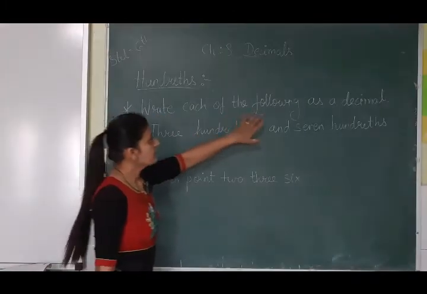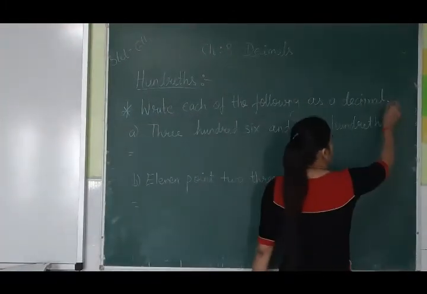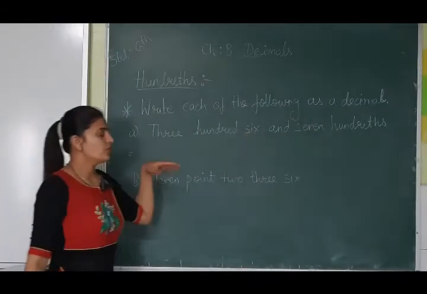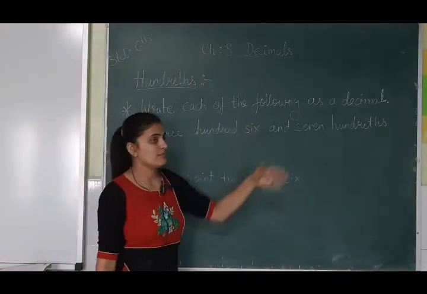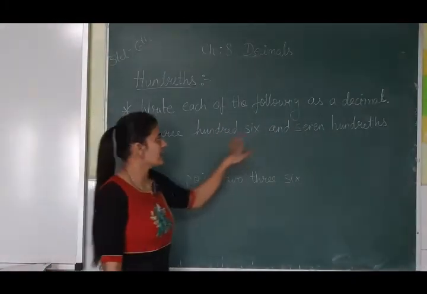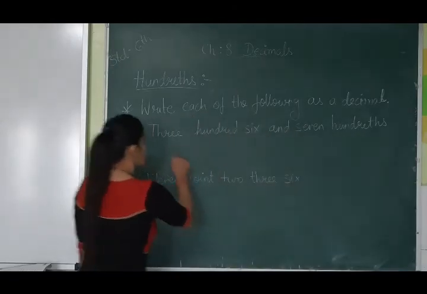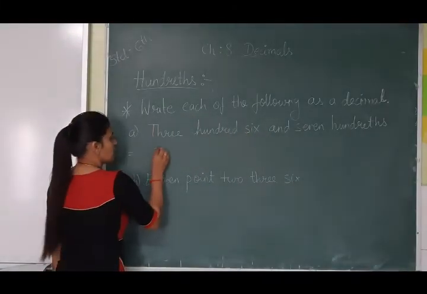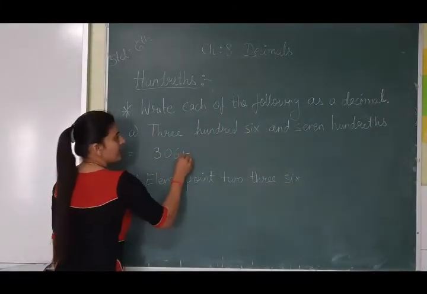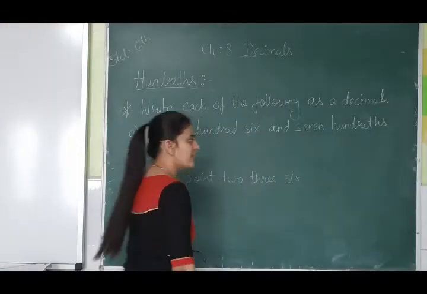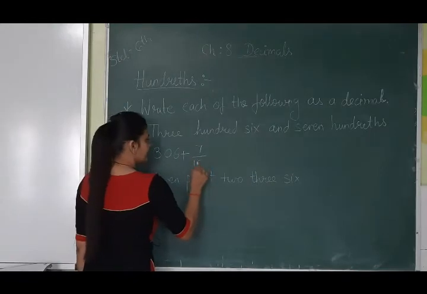Write each of the following as a decimal. Now statements or sentence forms of the numbers are given and you have to write them in decimal form. First is 306 and 7 hundredths. 306 means 306, plus, and means plus, 7 hundredths means 7 divided by 100.